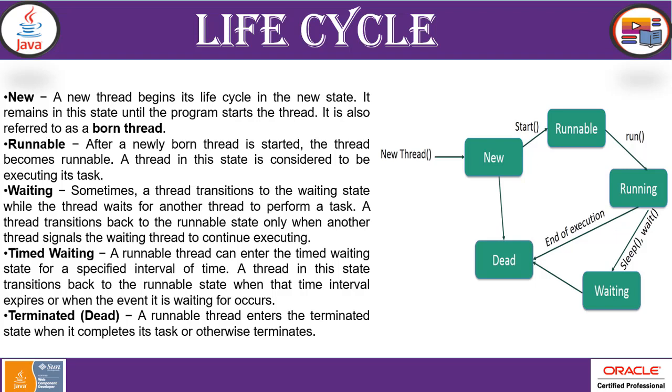Waiting. Sometimes a thread transitions to the waiting state while it waits for another thread to perform a task. What is actually happening in waiting? Suppose you are writing a code and all of a sudden you get a pop-up notification from your friend who wants to talk to you. In that case, you switch from your document writer to the chat application.